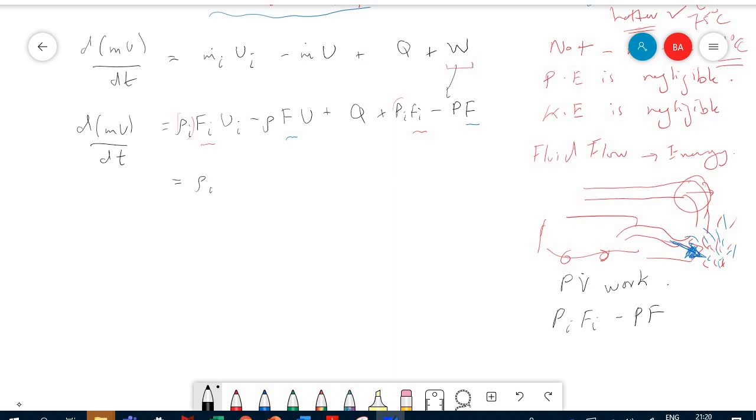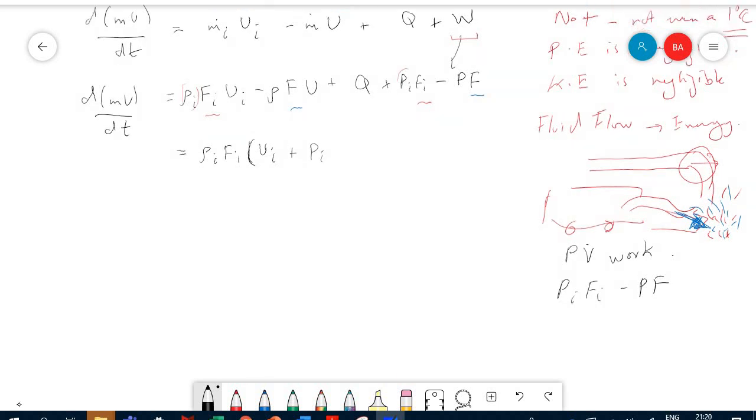If you take rho i Fi as a common factor, that is definitely going to be Ui plus Pi, and this Pi, because there's no rho i here, will be divided by rho i. Oh, wow. So that will be divided by rho i, and this is why you find something different happening here. Yes, it is different, and you're going to see it.